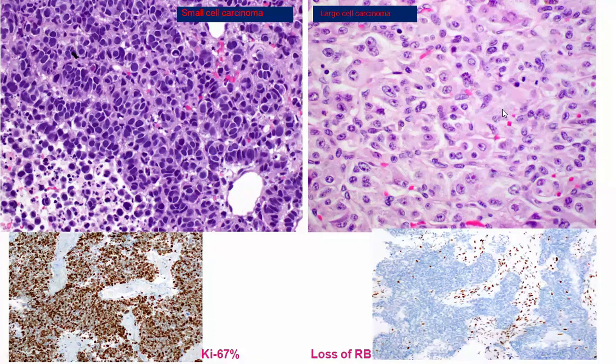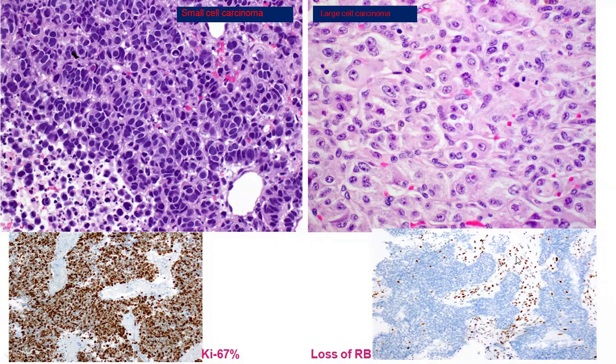The large cell carcinomas have a polygonal type of architecture, because they have abundant eosinophilic cytoplasm, which gives them the polygonal shape. They always have a high Ki67, and they commonly lose RB gene expression.